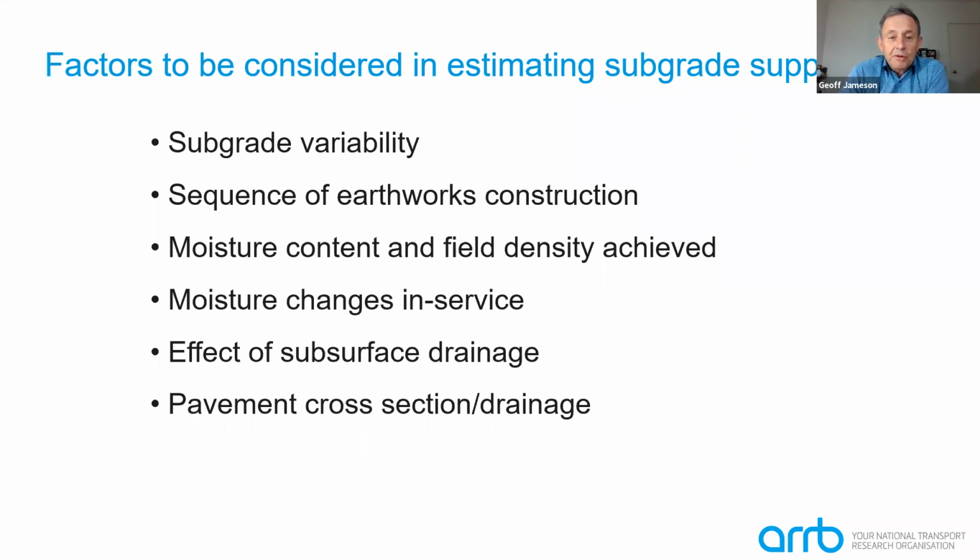Are materials moved, say, from cutting to fill locations? So the sequence of earthworks construction is also important to understand, to know how materials might be reworked on site. Moisture content and density, as we'll see, play a major influence in terms of the subgrade modulus and subgrade CBR. The moisture content in service is again a major factor.